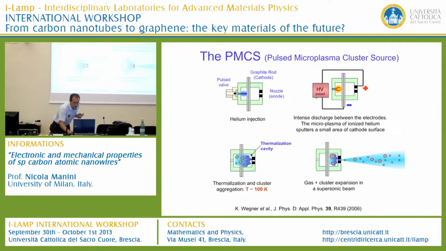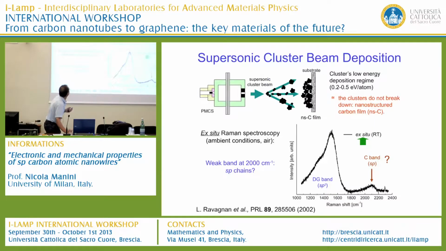So the group in Milan has developed a technique to deposit carbon samples, and the idea is based on creating a plasma discharge against a carbon graphite rod, and then having the clusters which are eroded away from this carbon surface thermalize in the gas at a rather cold temperature, and then be ejected in a supersonic beam and deposited on a substrate, which could be glass or silicon or silica, whatever.